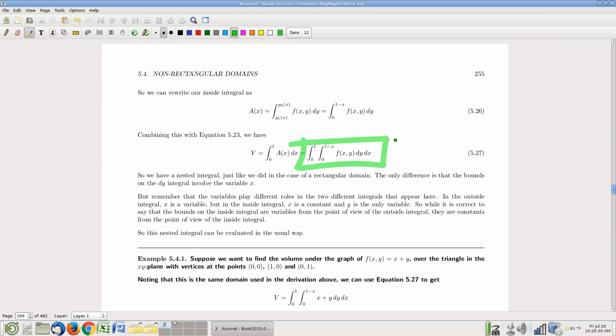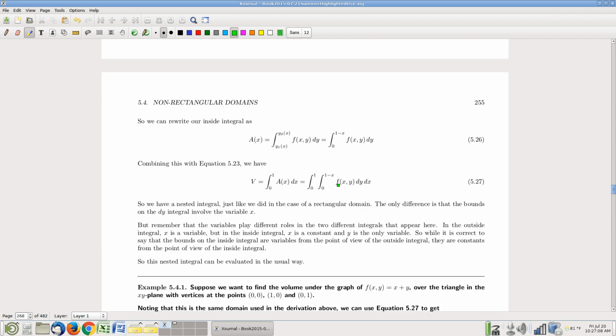Once you've decided which direction you're going to slice, dx dy or dy dx, we need to know what the integrand is going to be, and what the bounds are going to be on the integral. And there are very convenient answers to both of these questions. The integrand is always the same as the integrand for the double integral, which I don't have on the page here.